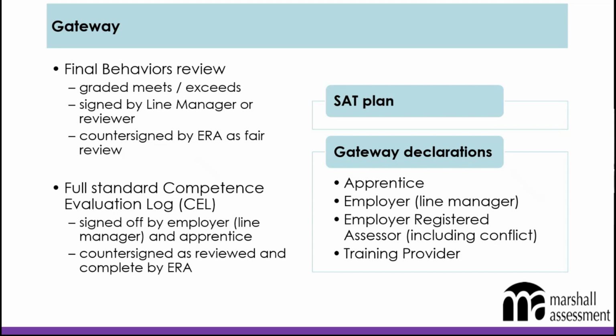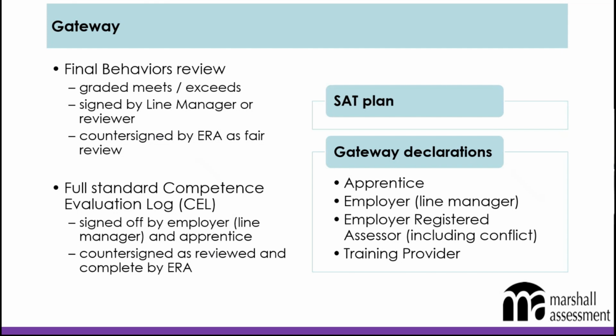We effectively want to know before we come to see you and arrange the observation element that what we're going to see, if delivered appropriately, will allow you to pass that element of your endpoint assessment. For example, we don't want to come along as an independent assessor and see you sat at a desk or filing or doing those kinds of things.